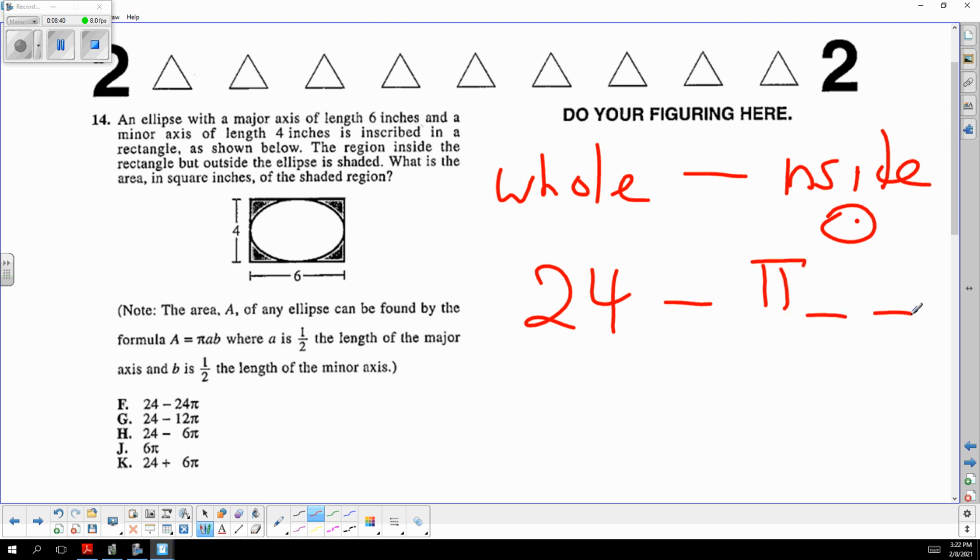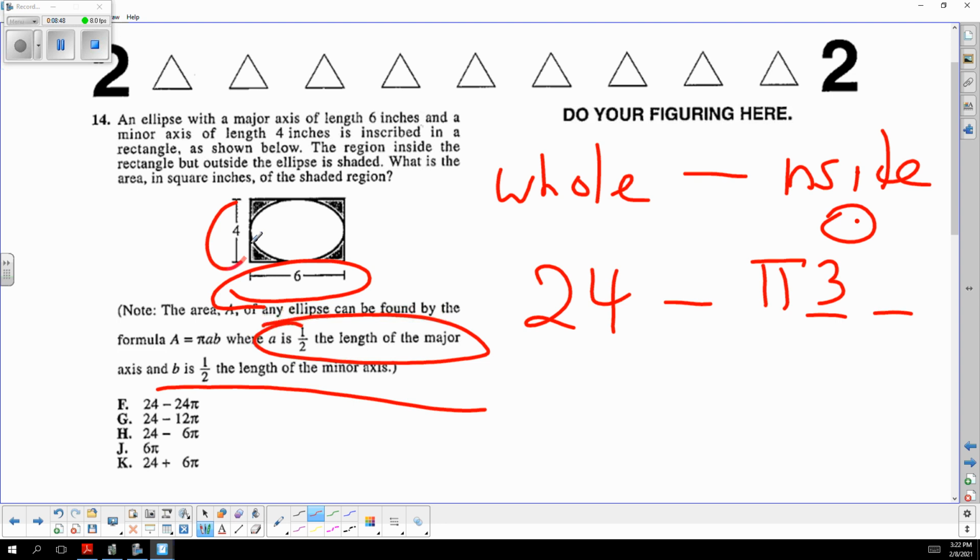And they tell us what A is. It's half the major. So the major is 6, so it's 3. And B is half the little one, which is 2. So it's 24 minus 6 pi. Those ain't going to add together. The answer is H, 24 minus 6 pi. Haven't seen anything like that.